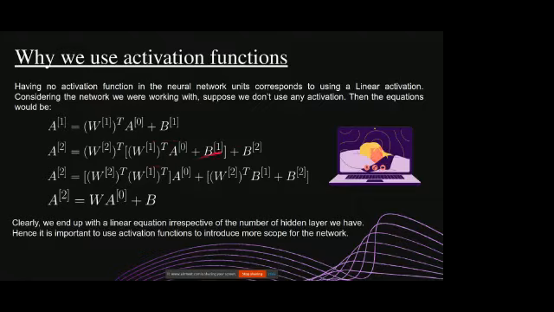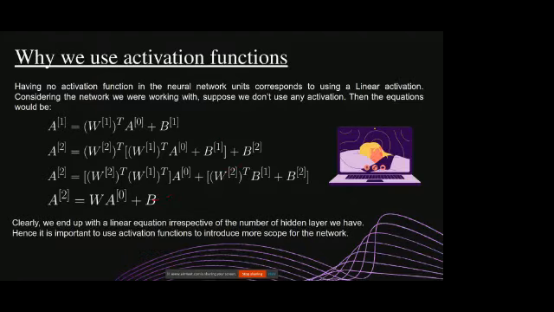This term right here is the substitution for A of 1. If we use the same old distribution law that we know and open the square brackets, we multiply the two weight matrices, we get A of 0 and this term right here.